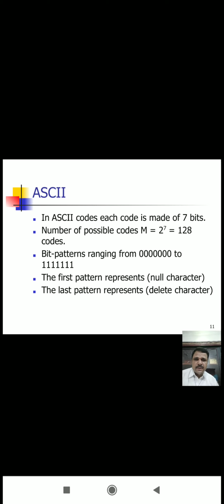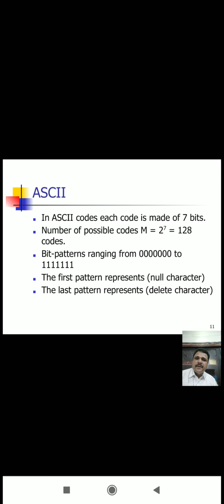If you convert this binary code into decimal, you can see this is equal to 127. So, starting from 0 to 127, how many codes are generated? This is in fact 128.